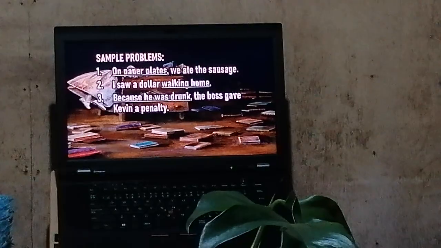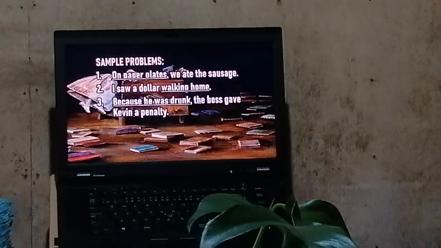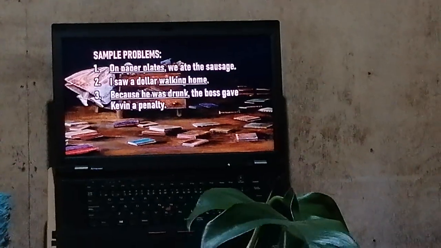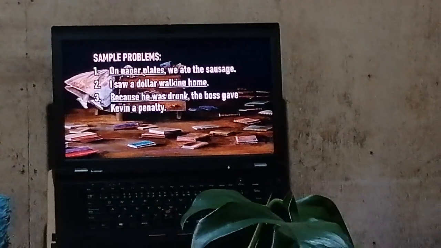And if we read this one, as I said earlier, it is important to put the word that you are modifying next to your modifier.